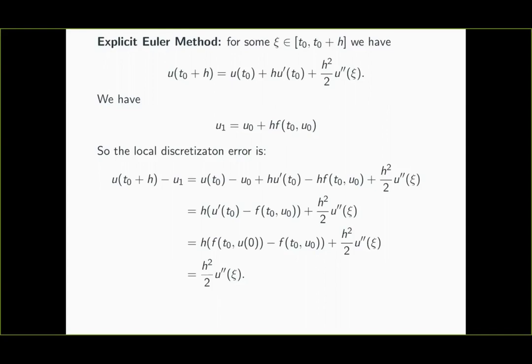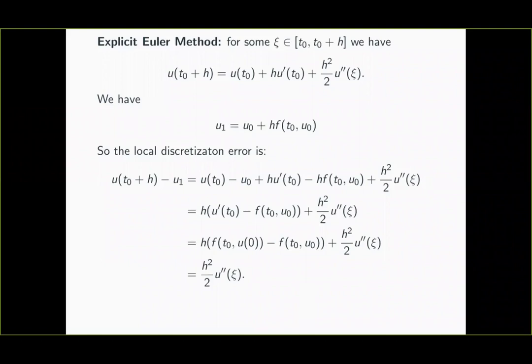And to understand the approximation error a bit better, we plug in the first two formulas. So we see that u at time t0 plus h minus u1 equals u at time t0 minus u0 plus h times u prime of t0 minus h times f of t0 u0 plus h squared over 2 times u prime prime xi.